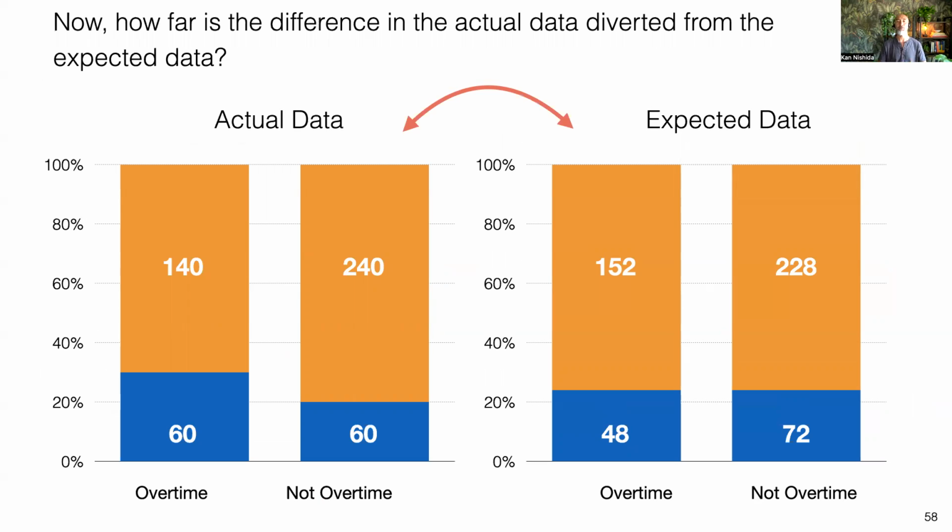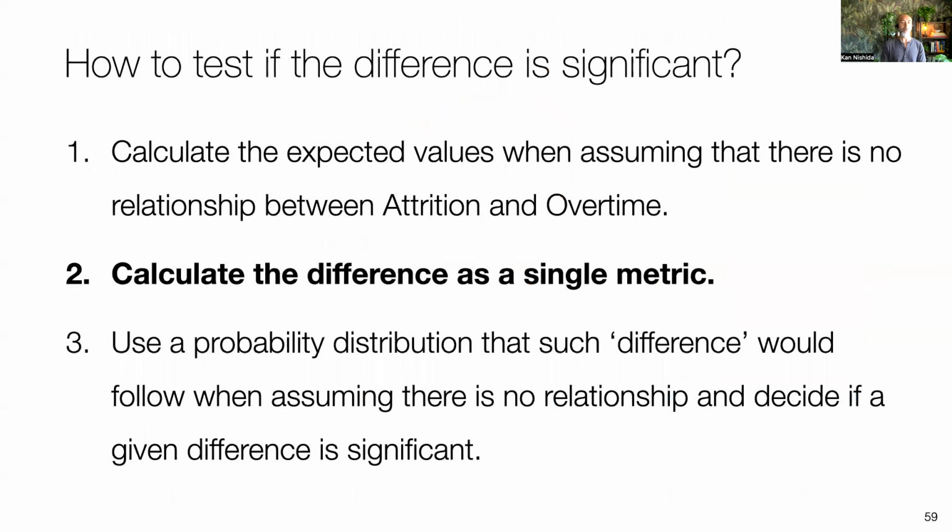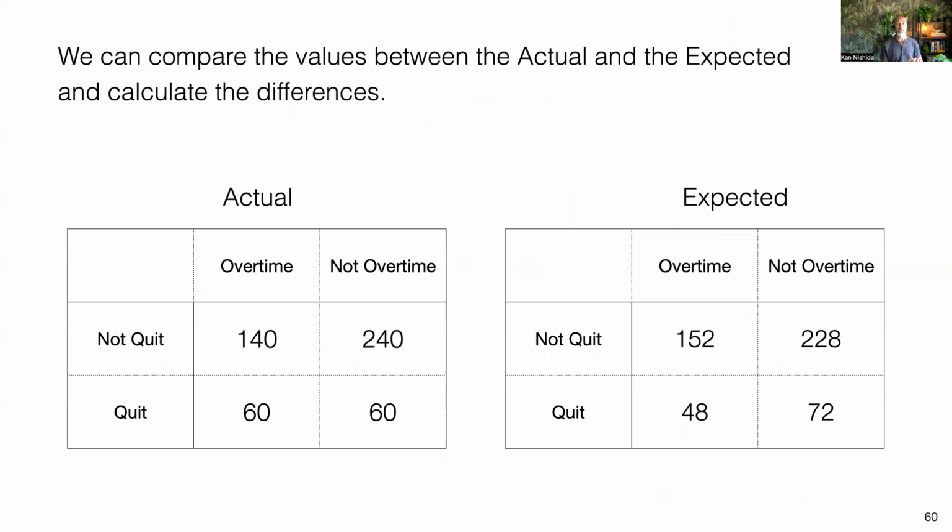What's the difference between these two? So the second step is to calculate the difference as a single metric. This is, by the way, the chi-square value. We have the actual data on the left-hand side and the expected data on the right-hand side, and we want to calculate the difference.